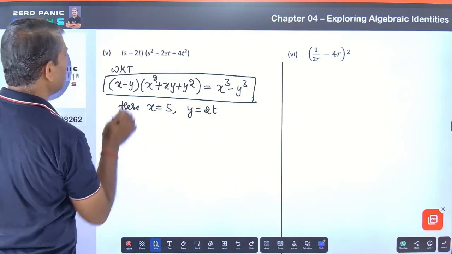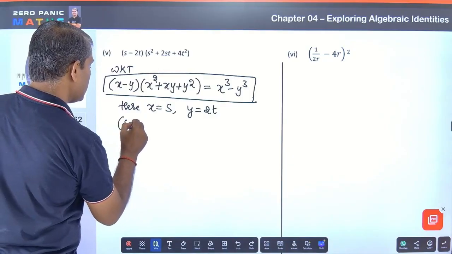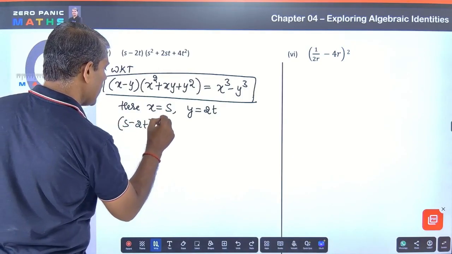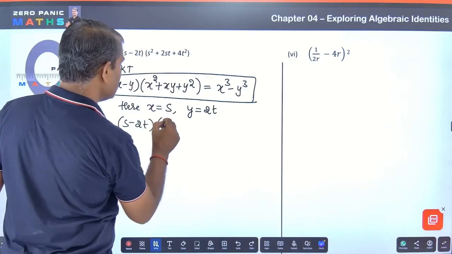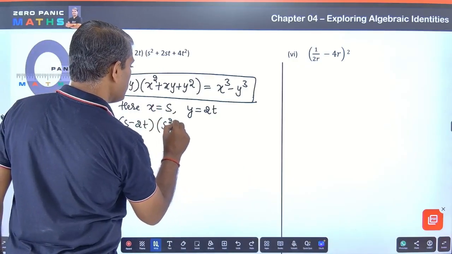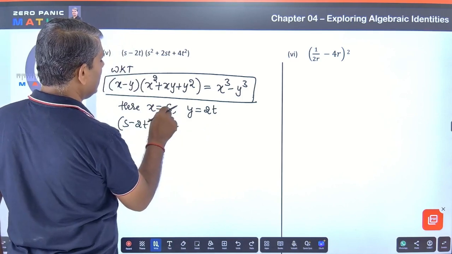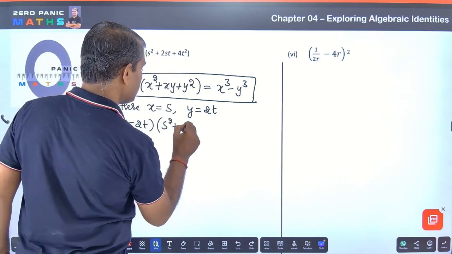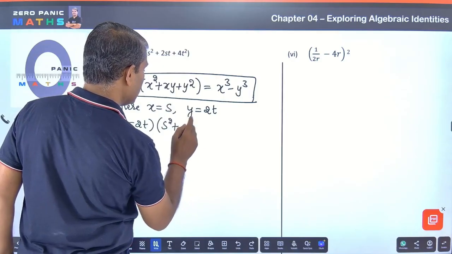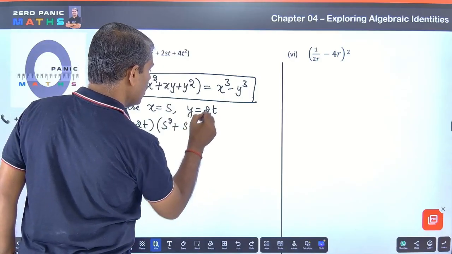Let me first write this. S minus 2t, that is x minus y, and then let me write this as s square plus xy format. It is xy, right? So let me write x is s into 2t.